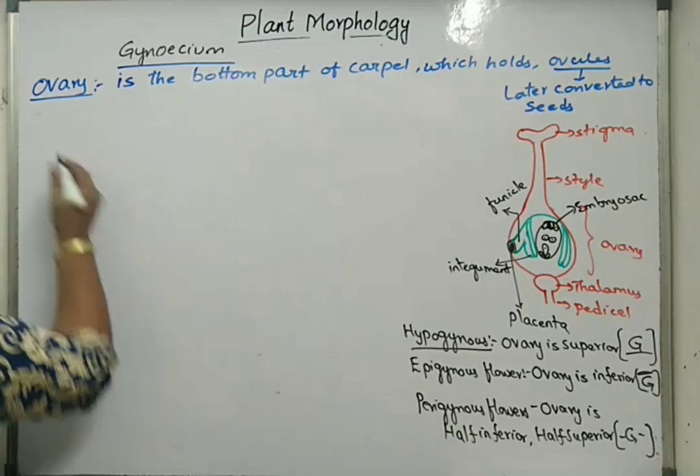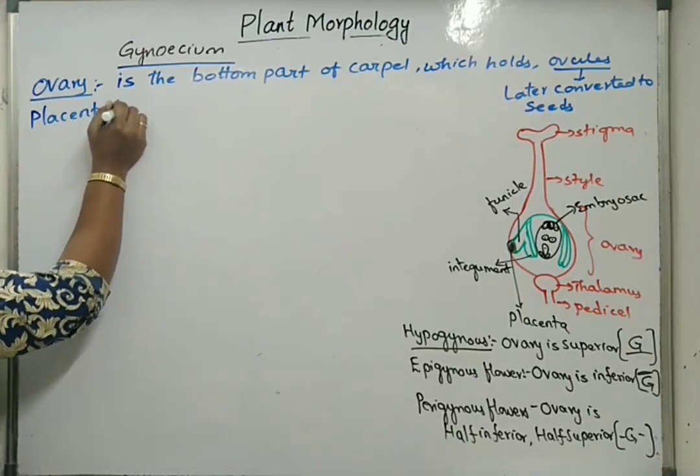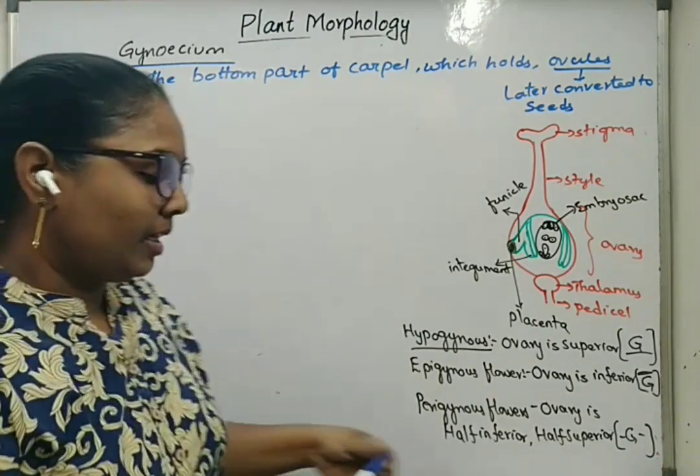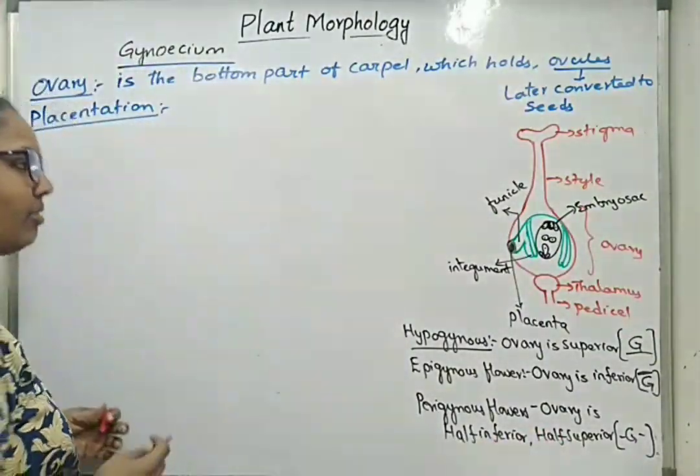Next, another term, placentation. How can we define placentation? Attachment of ovules within the ovary with the help of placenta is called placentation.